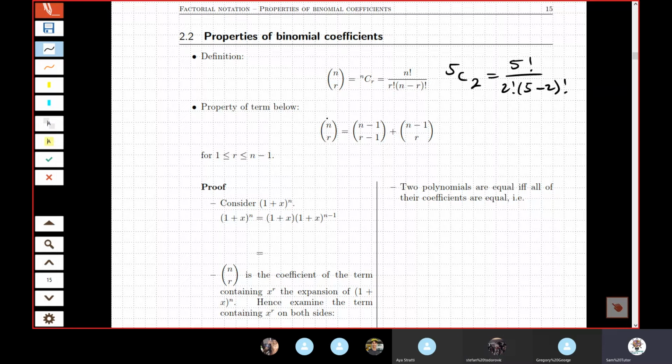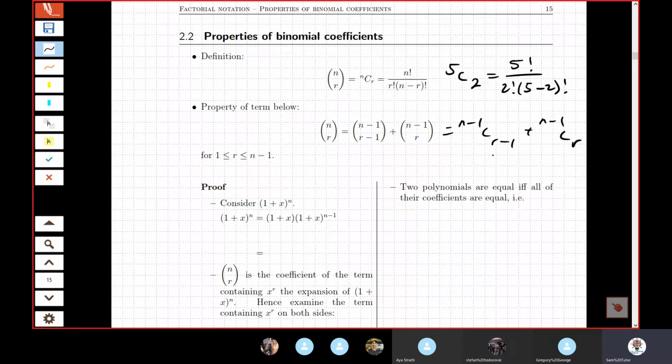Property of term below: n choose r is also the same as n minus 1 choose r minus 1 plus n minus 1 choose r. Good property. Thing is, you won't necessarily need to come up with this.